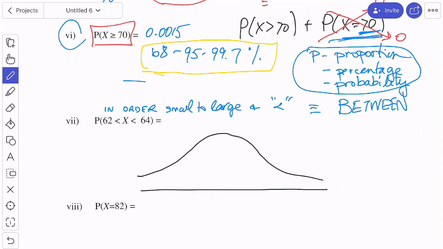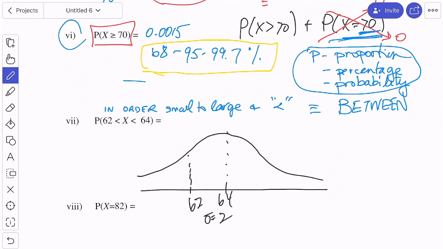So, I'm going to continue in black. 64 is in the middle. 62 is one standard deviation away, because the standard deviation is 2.